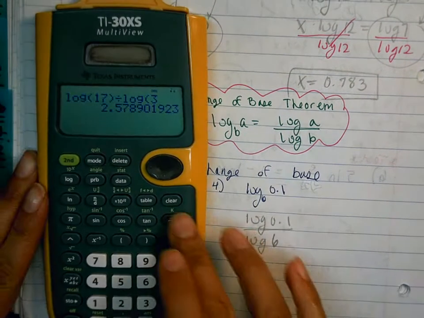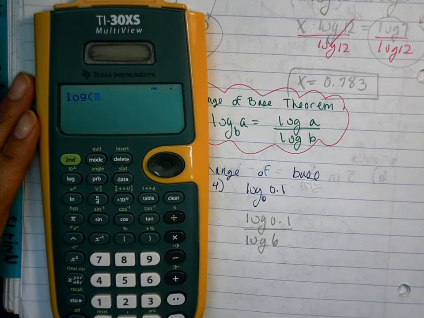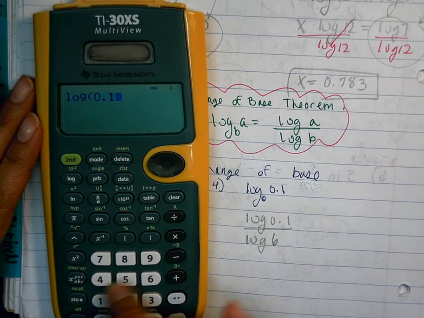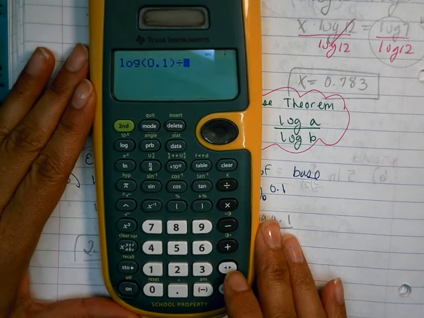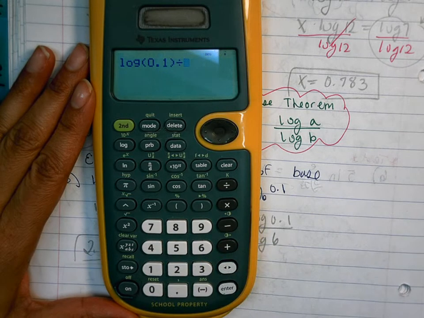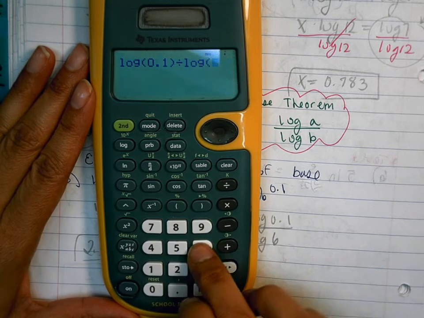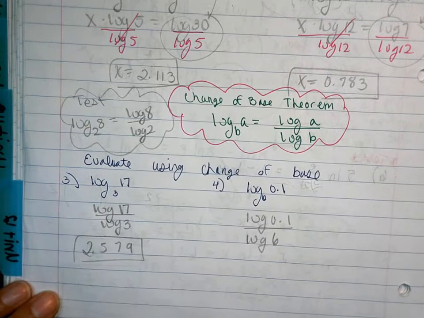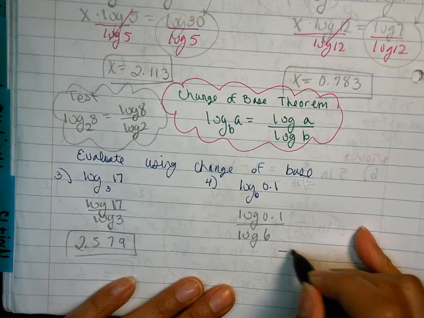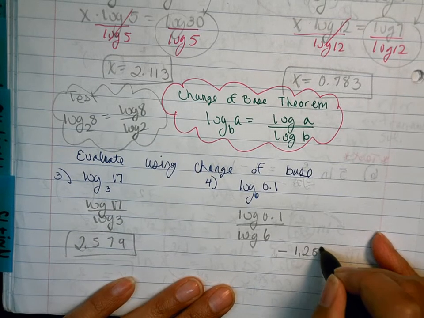So log of 0.1, close parentheses, divide log of 6. Negative 1.285. And it's okay to end up with negative answers. Negative 1.285.